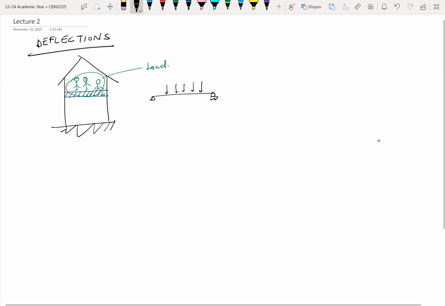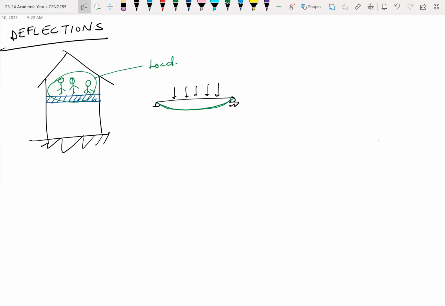What happens is that with time, because of the presence of the load, your beam will begin to bend. The beam that was initially cast as a reinforced concrete beam, straight, over time begins to undergo some form of bending. Let me exaggerate a little bit.